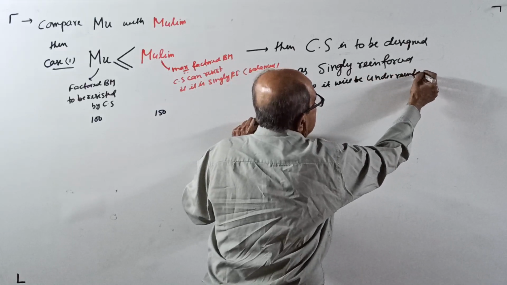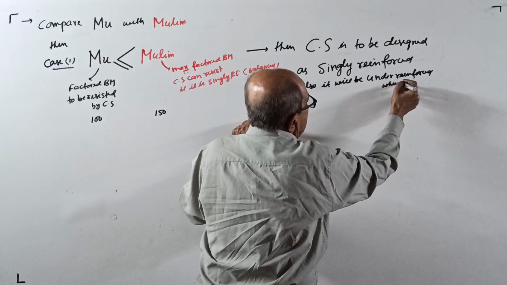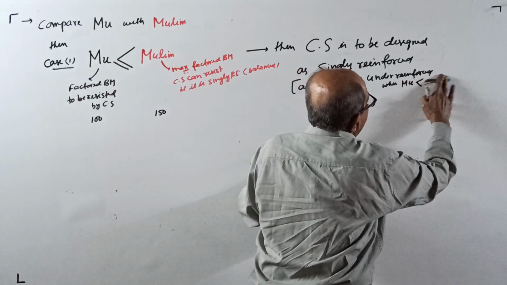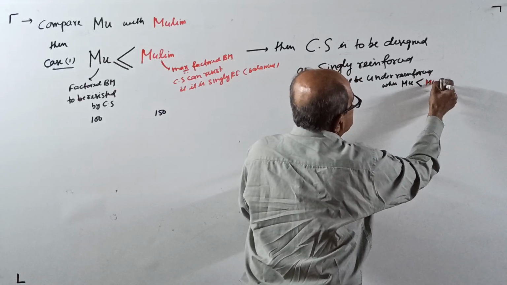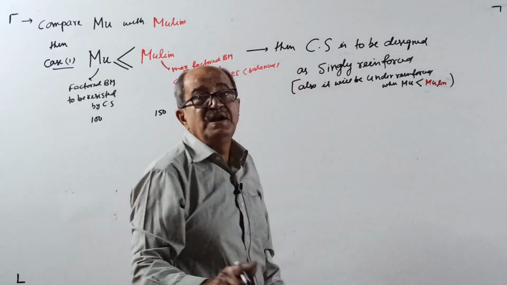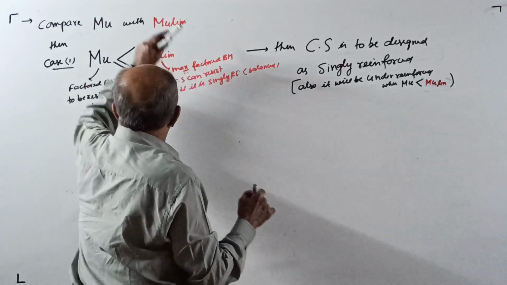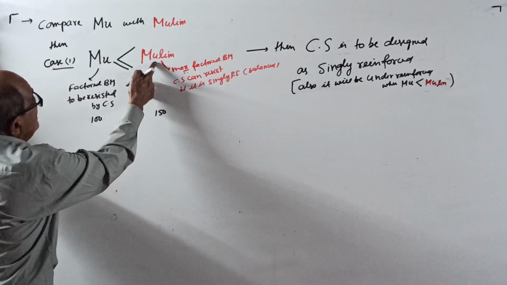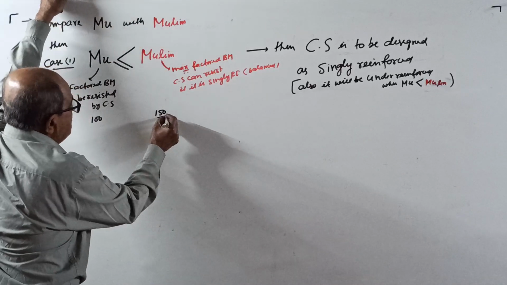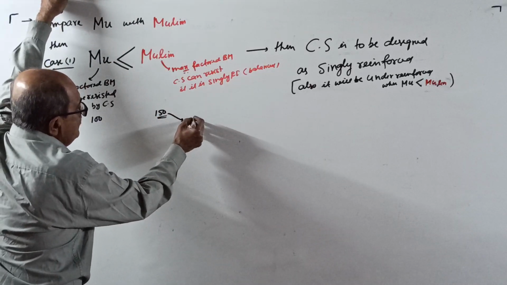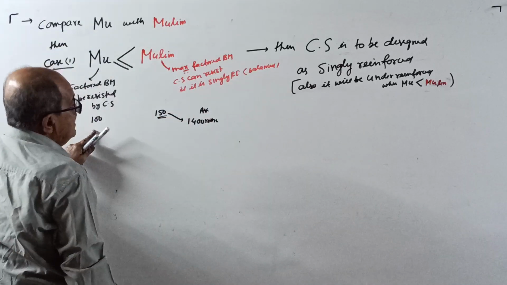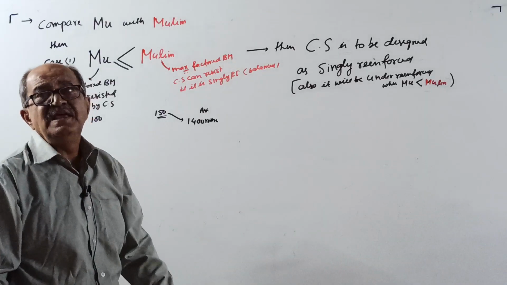Of course, it will also be under reinforced when your MU is less than MU limit. A singly reinforced balanced section can resist 150. Imagine the steel required is 1400 mm square. But the actual BM to be resisted is 100.